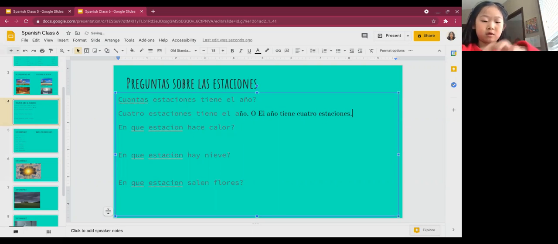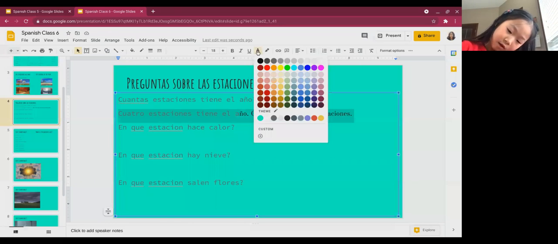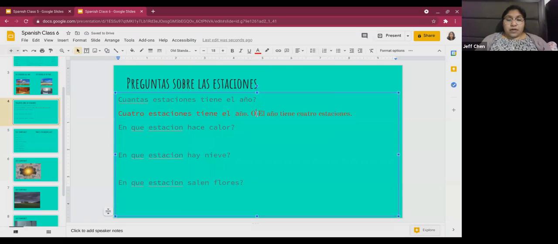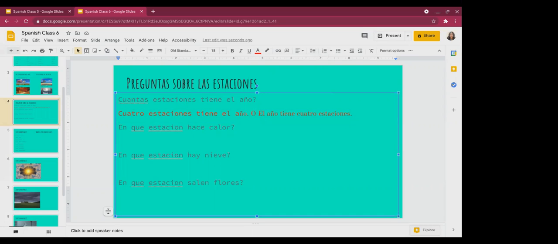Both of them are completely fine to use. These are answers. Okay. Cuatro estaciones tiene el año. Or, right? You see the O here? That means or. So here, or or, right? El año tiene cuatro estaciones. Okay.